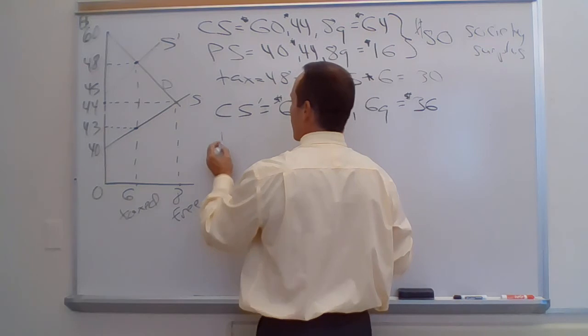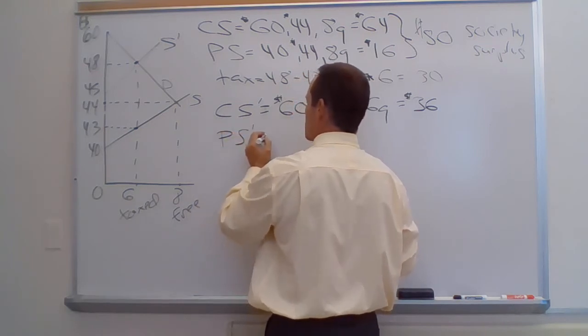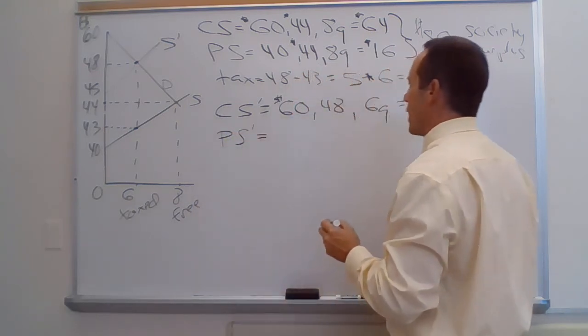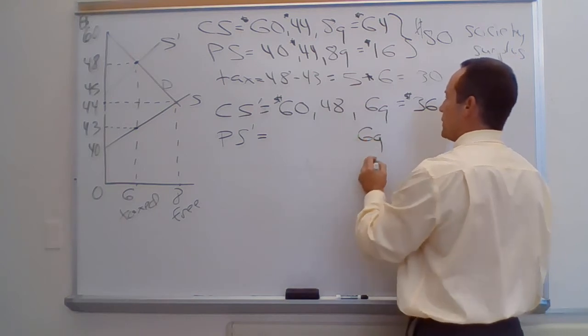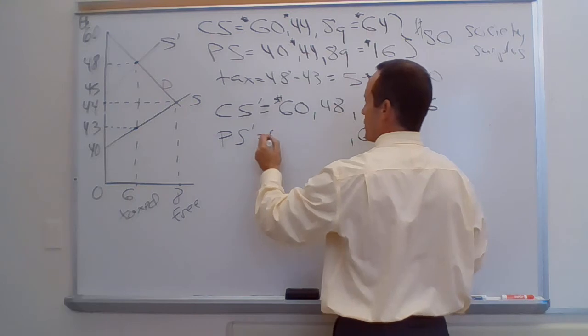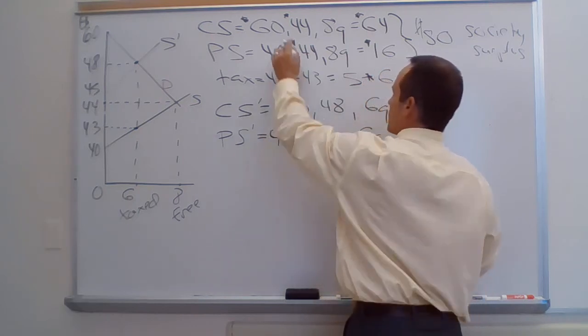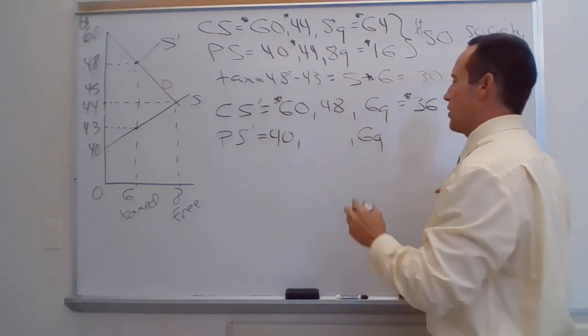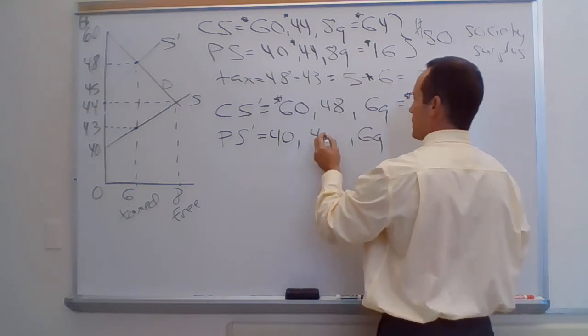Producer surplus prime is, well, 6 units are still being made. Their choke price is still $40. But they are only collecting 43.